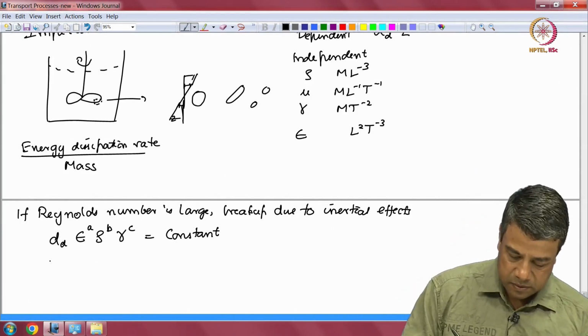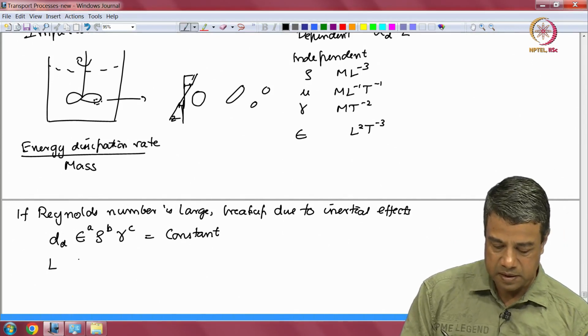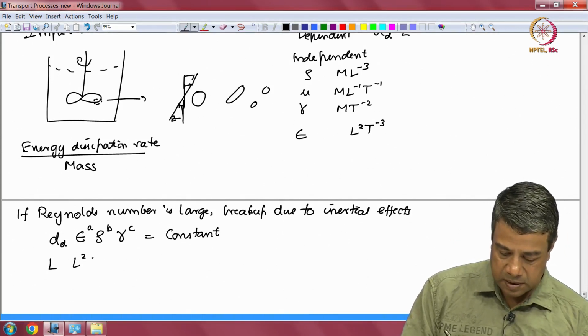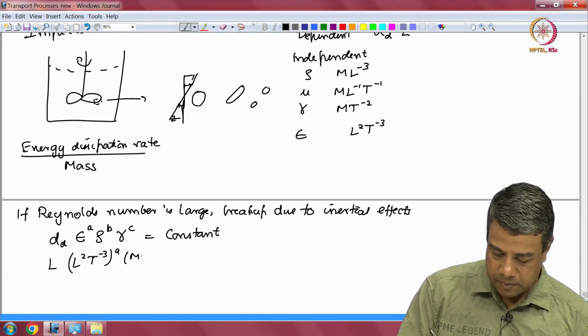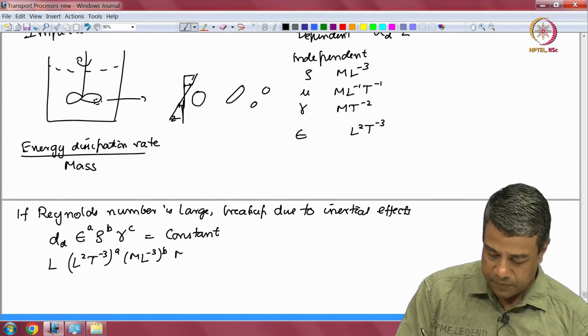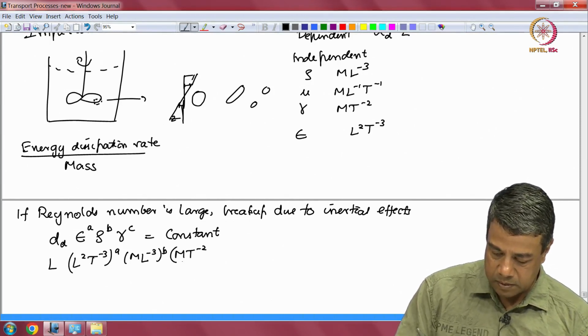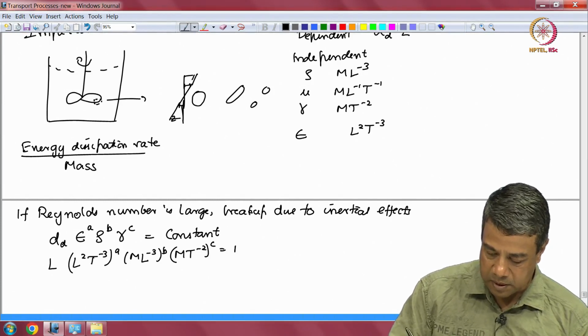So, length dimension is L, this is (L square T power minus 3) power A, times (M L power minus 3) power B, times (M T power minus 2) power C, is equal to M power 0.